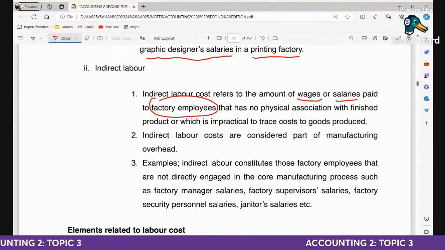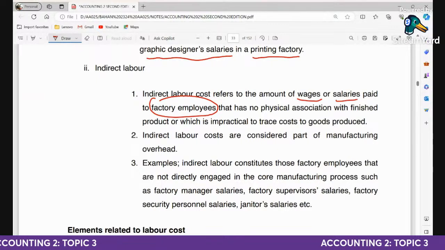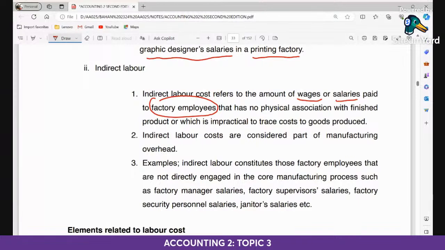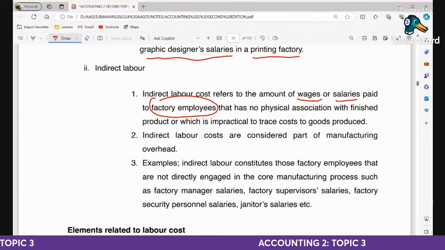That means dia bekerja di dalam kilang, tapi dia tidak terlibat secara langsung dalam pengeluaran. So these people, even though they are in the factory itself, since they are not directly involved in the process of converting raw materials into finished goods, we cannot consider these people as direct labor.